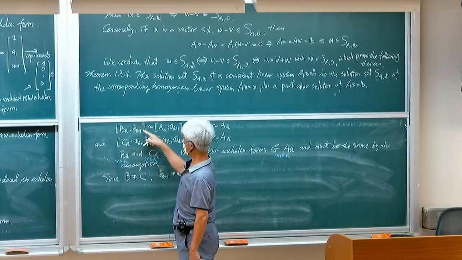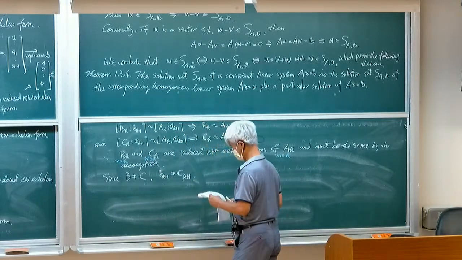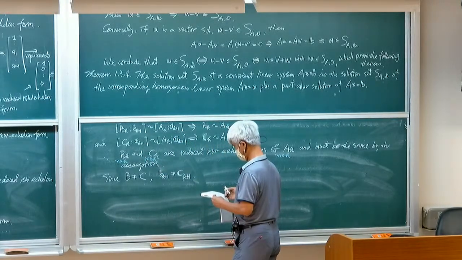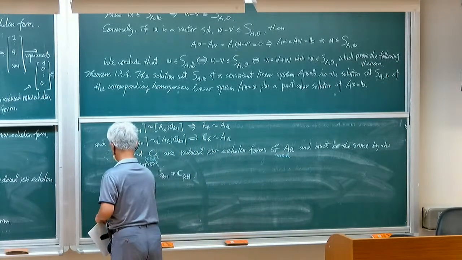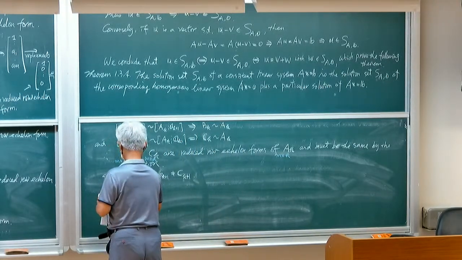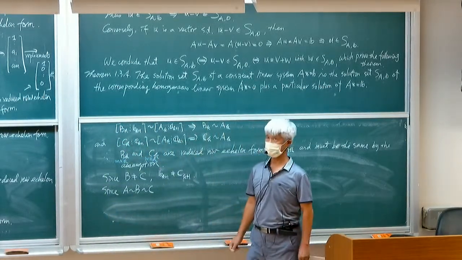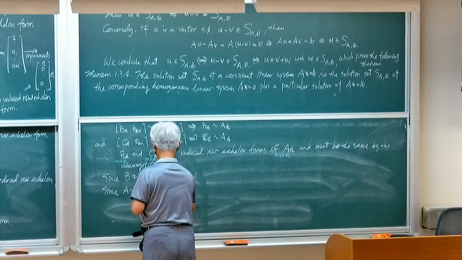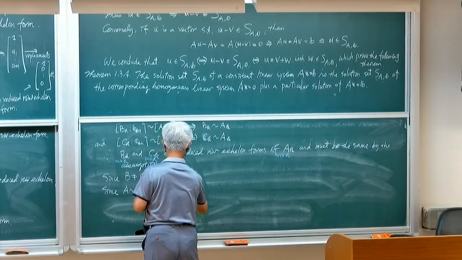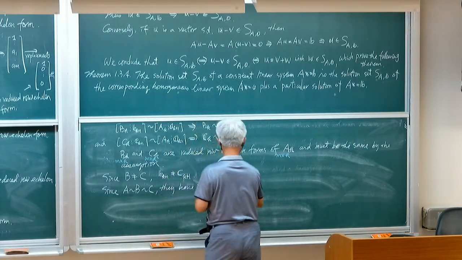So we conclude that these two column vectors are different. All right. Also, since A, B, C are row equivalent to each other, they have the same kernel.